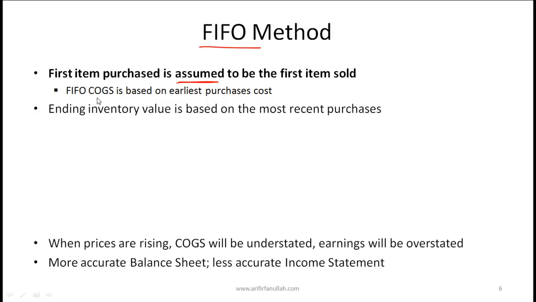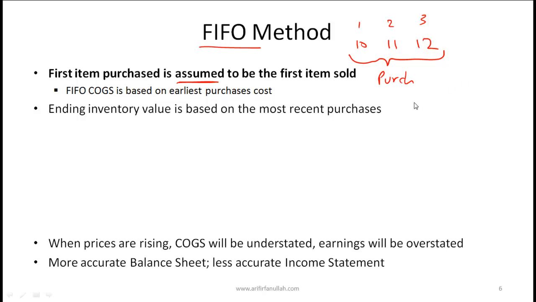So FIFO COGS, cost of goods sold, is then based on the earliest purchase cost. So going back to my simple example earlier, say you are buying and selling chairs, and the first chair you bought was for 10, second for 11, third 12. So these are your purchases.